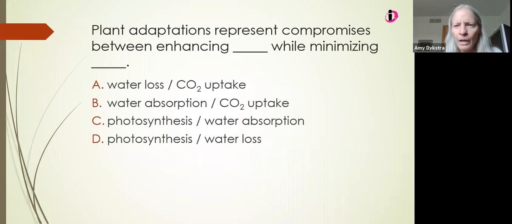So let's do a multiple choice question. And since I wasn't able to make the polling work last time, let's just do this in the chat. So send your answer in the chat. Plant adaptations represent compromises between enhancing what while minimizing what?